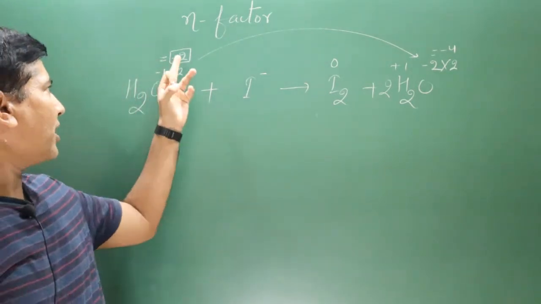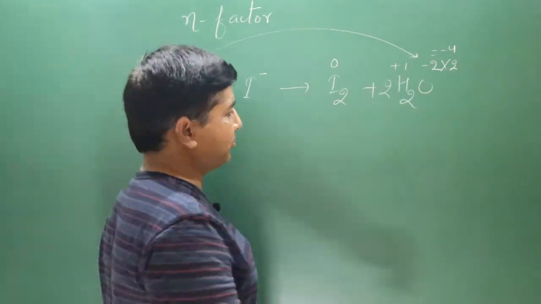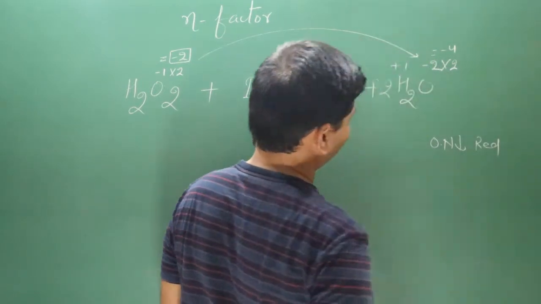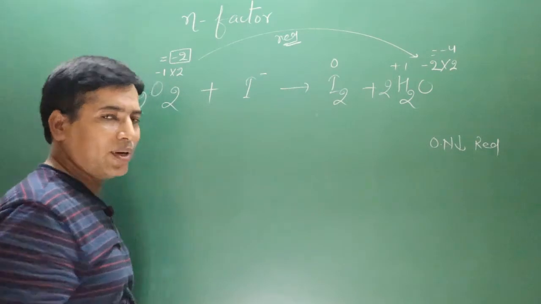Okay, so left side it is minus 2, other side it is minus 4. Decrease in oxidation number, and decrease in oxidation number is always reduction reaction. Okay, reduction reaction is there. Reduction reaction means gain of electron is taking place.